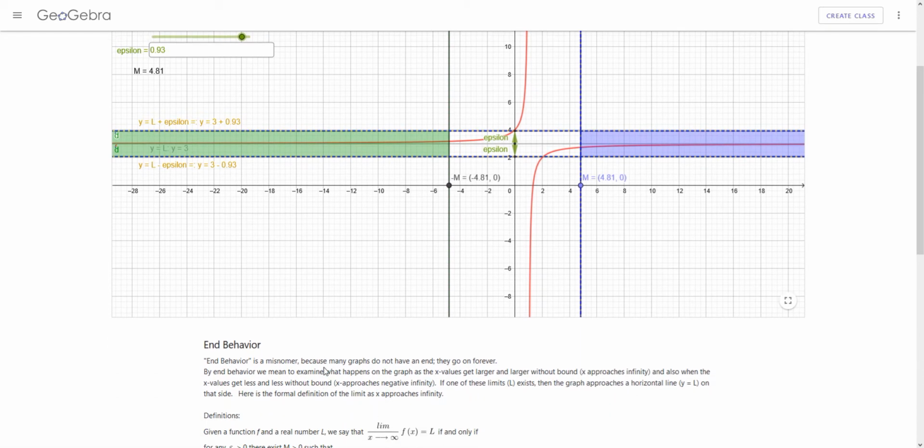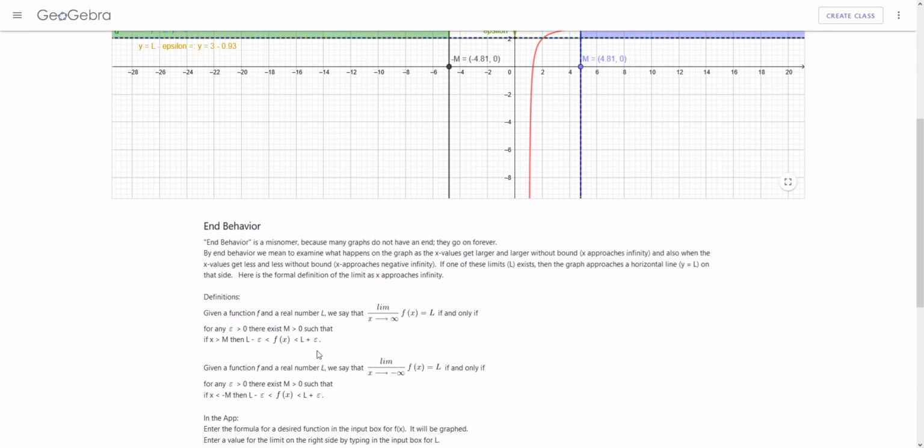So here's the actual definition down here. Given a function f and a real number L, we say that the limit as x goes to infinity of f of x equals L if and only if for any epsilon greater than 0, there exists an m greater than 0, such that if x is greater than m, then f of x is within epsilon of L. That is, L minus epsilon is less than f of x, which is less than L plus epsilon.